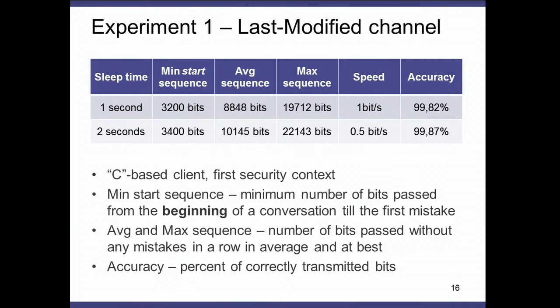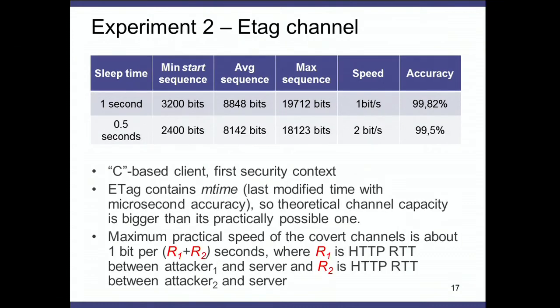Well, without any error, the minimal 100% guaranteed size of information without distortion, as we can see, is enough for a cryptographic key. We can also look at the accuracy column, the percentage of bits sent to the total percentage of bits sent. Okay, it's not impressive.